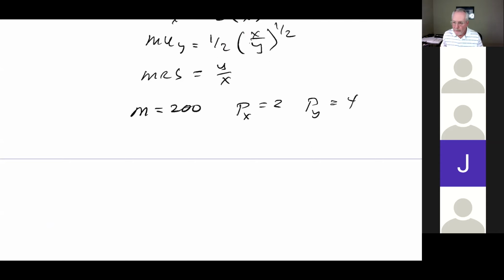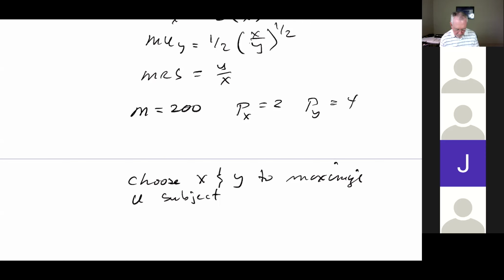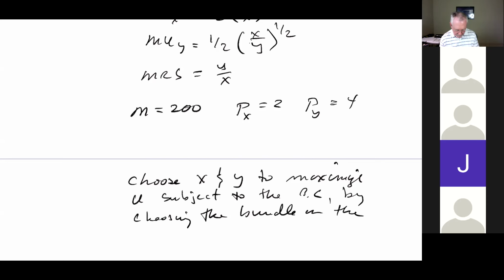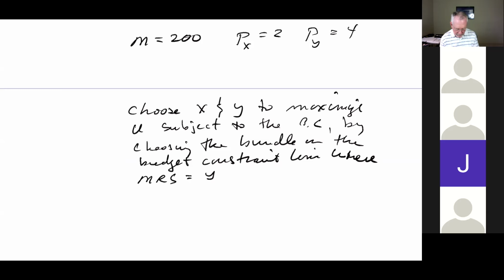So my initial circumstances are such that the individual, subject to this budget constraint, will choose X and Y to maximize utility, by choosing the bundle on the budget constraint line where the marginal rate of substitution, which we said is Y over X, is equal to the price ratio of X to Y, which is just 1/2: initial price of X over price of Y. So we have this condition right here.